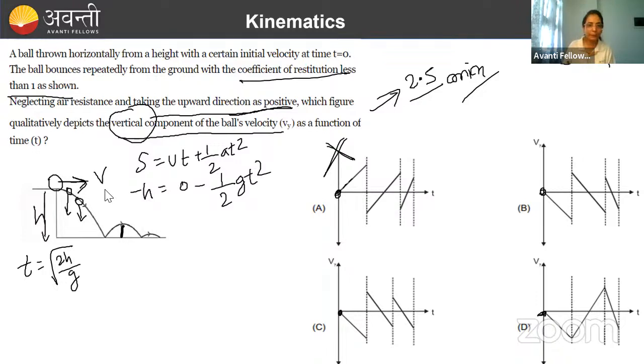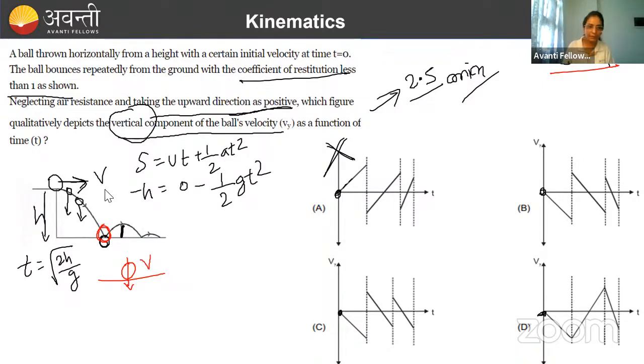Now let's see what will happen once it reaches the ground. It is colliding with the ground, and what sort of collision is this? This is not perfectly elastic, so again, you need to be careful. Okay, let's see here. So here the collision happened, and during collision the ball will look something like this. It was having velocity in the downward direction.